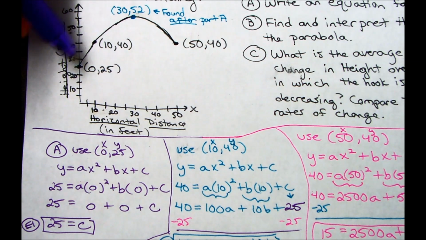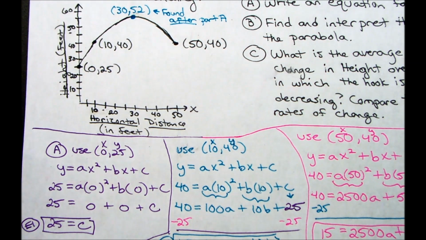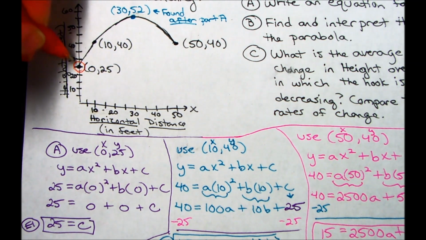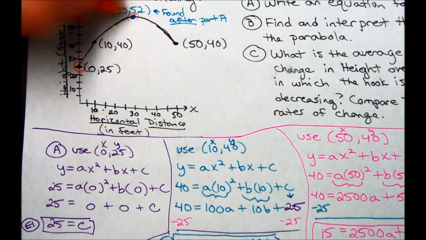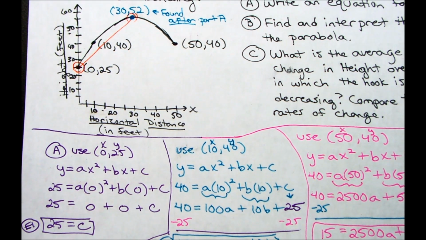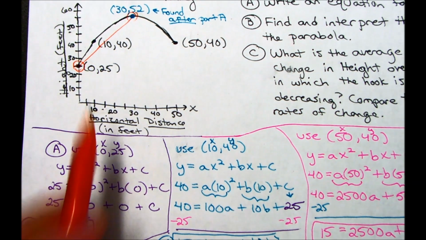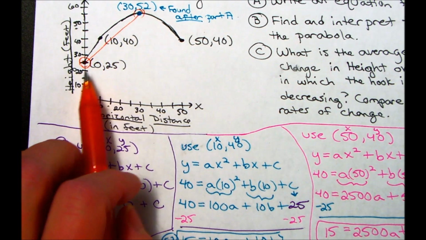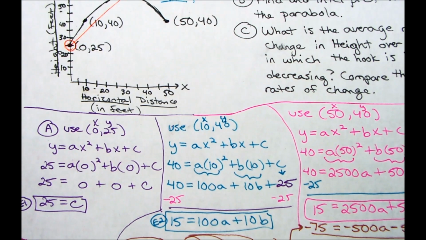So what you're basically finding is the slope between this point here and this point here. So the slope between those 2 points is basically what we call the average rate of change when the graph is increasing. So we're going to use the slope formula.